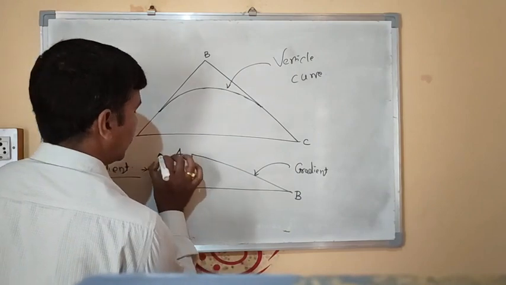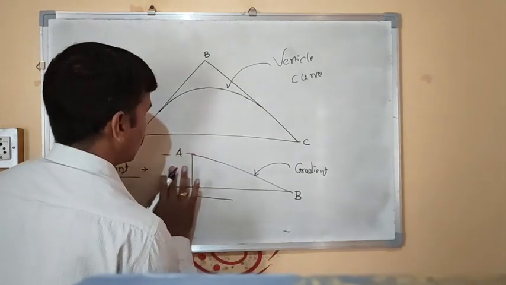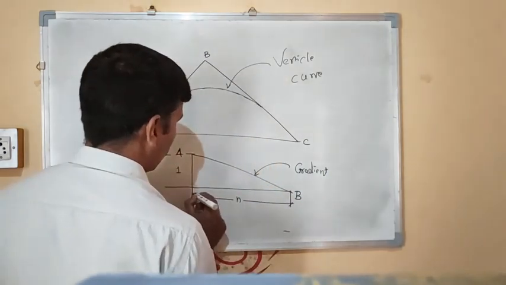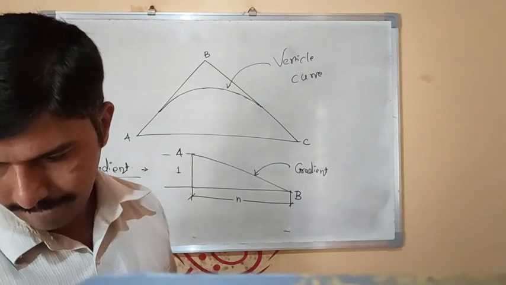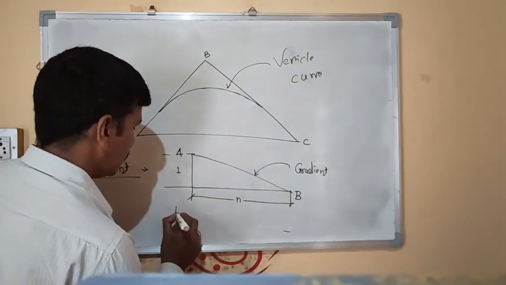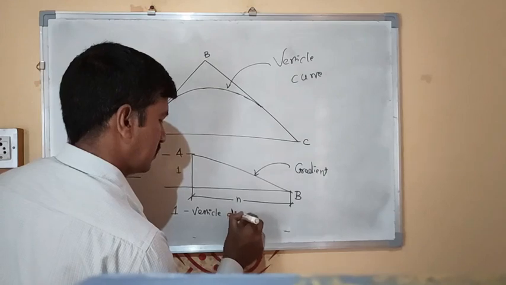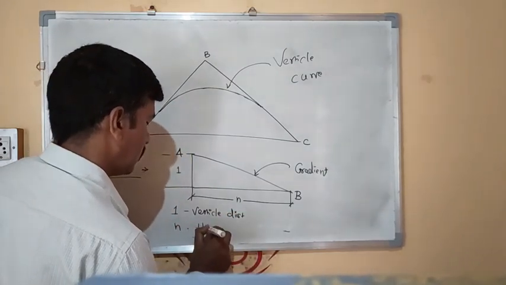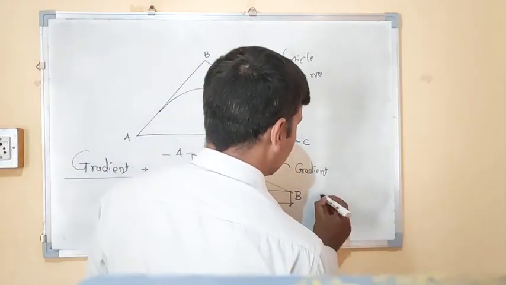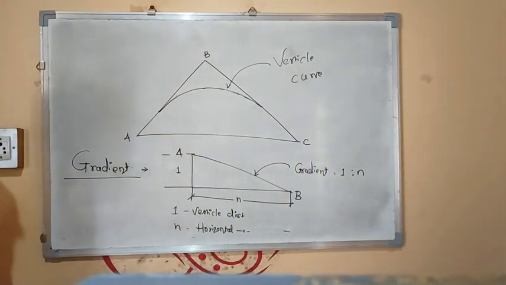Generally this gradient is expressed as a ratio of 1 as to n, where 1 represents the vertical distance and n represents the horizontal distance.